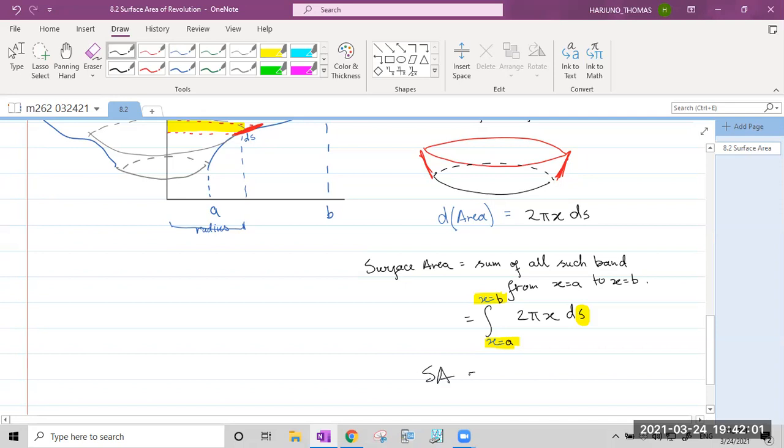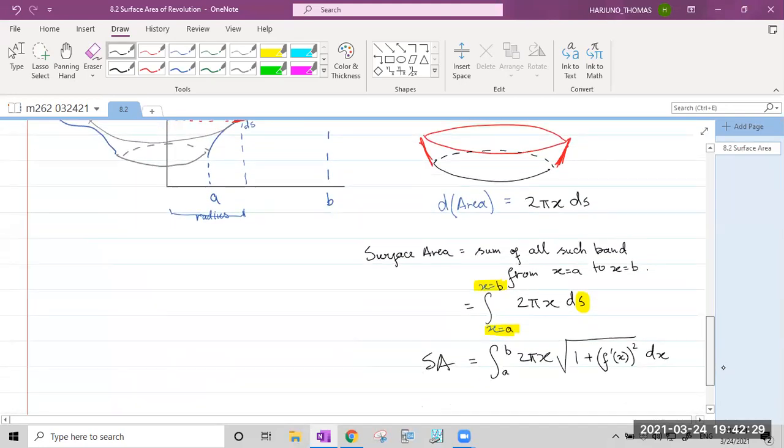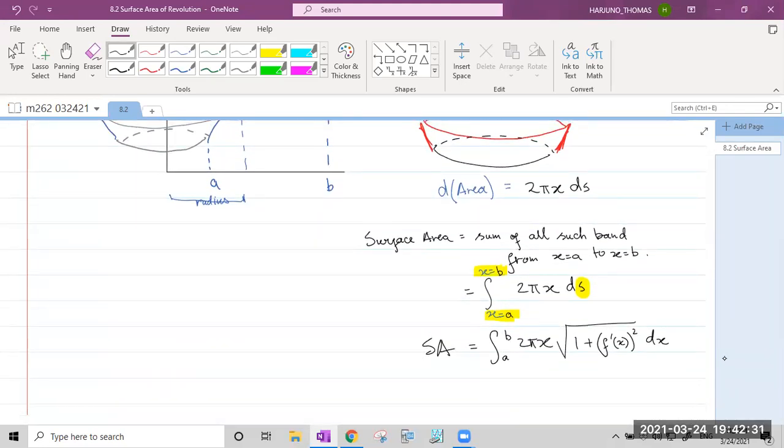Surface area equals the integral from a to b, 2 pi x, already x, I don't need to change it. And then I need to change the ds though. That's the square root of 1 plus dy/dx squared.